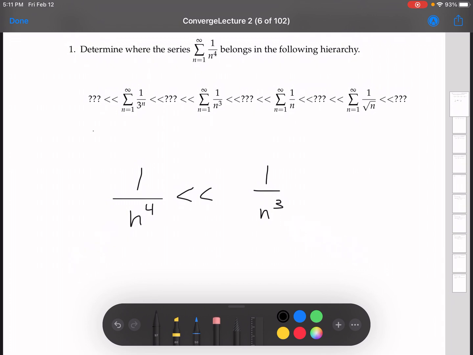And so then if this is true, the sum from n equals 1 to infinity has the same relationship, because these are always adding things. This is like 1 over 1 to the fourth plus 1 over 2 to the fourth plus 1 over 3 to the fourth, and so on.